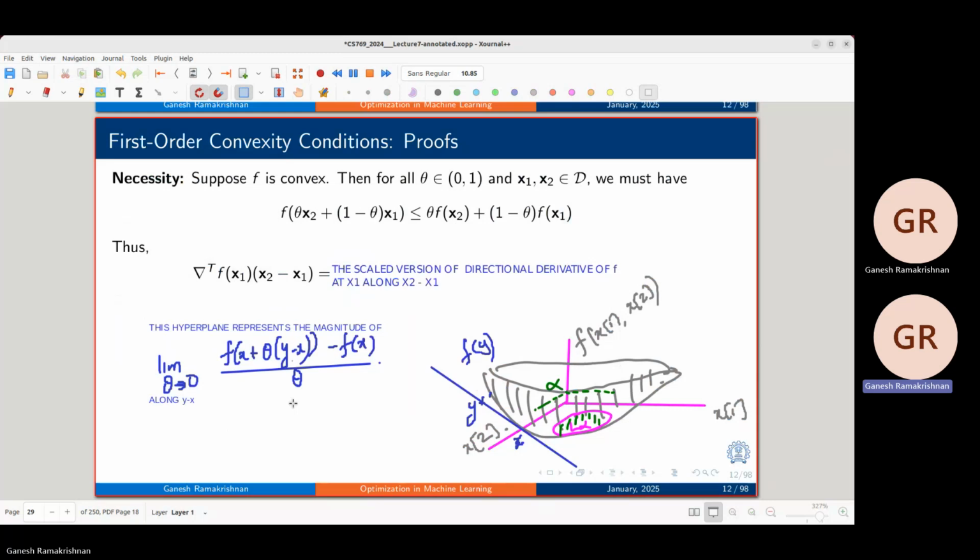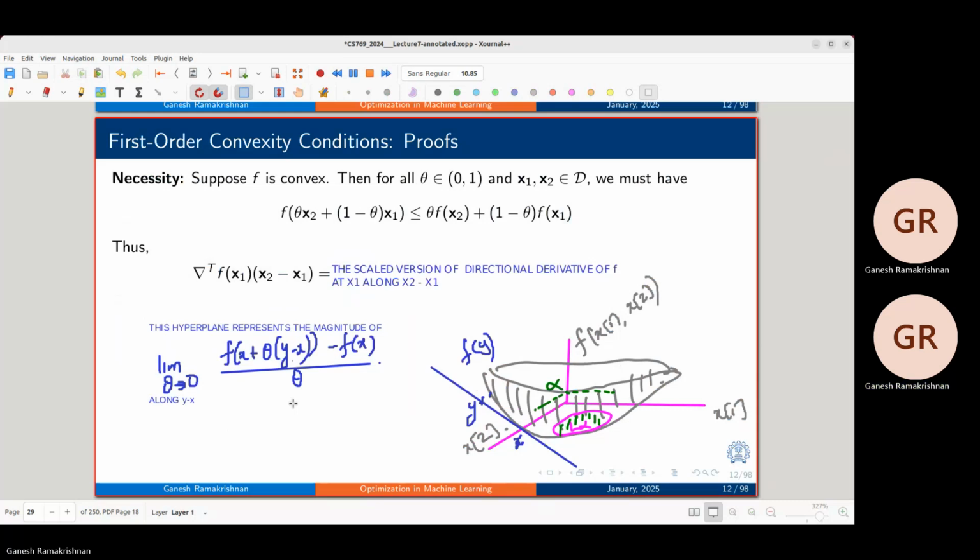So this direction is h. Let's just call it h. The only difference is this h is the direction x2 minus x1. That's how we defined the directional derivative, minus f of x1.